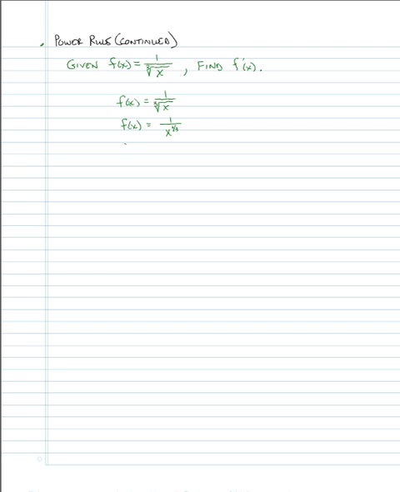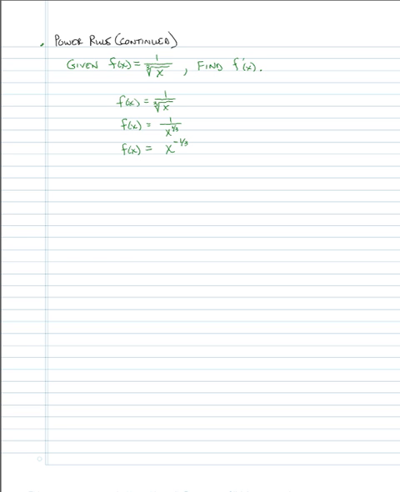But we still know that the power rule doesn't work here, because the power rule isn't about powers in a denominator, it's about x to powers in a numerator. So we have to do one more thing before we think about finding the derivative, and that is we write 1 over x to the 1/3 as x to the power negative 1/3.